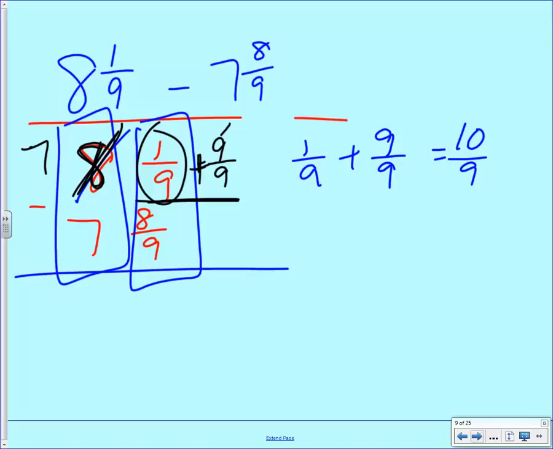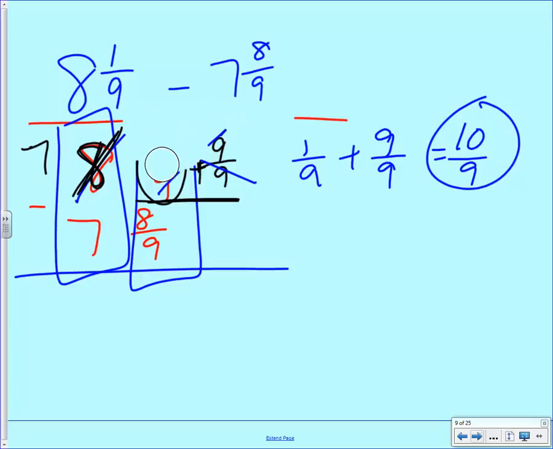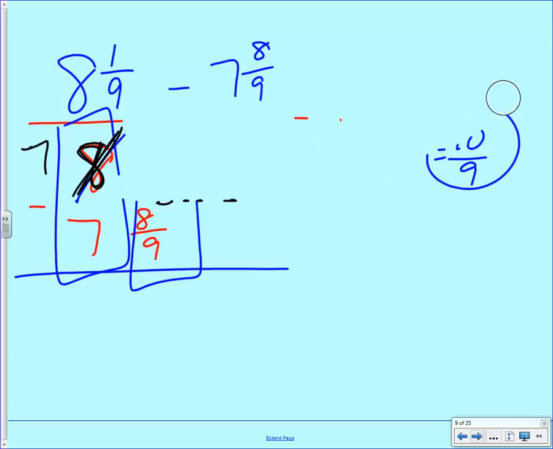It's okay that it's an improper fraction right now. I'm just going to be using it for a subtraction problem. So this whole piece right here became this guy right here, okay? So I'm going to kind of mark this out and get rid of it and just put that piece in so it looks a little prettier. So all this work became 10/9. So now I have 10/9 and 8/9. And it's a subtraction problem.